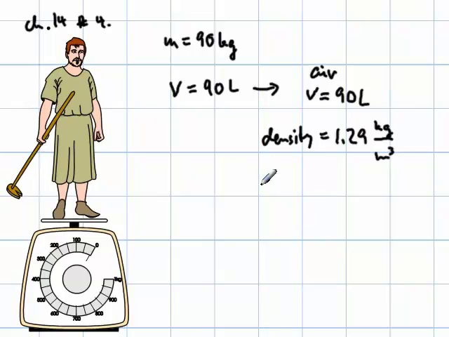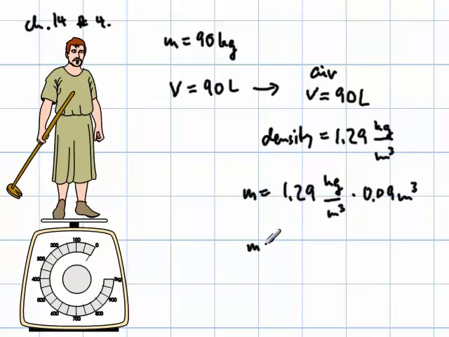Okay. So next thing is that the mass of the air that I'm displacing is the density times the volume. So 1.29 kilograms per cubic meter times 90 liters, but my volume units need to match, so I'm going to have 0.09 cubic meters because there are 1,000 liters in the cubic meter.